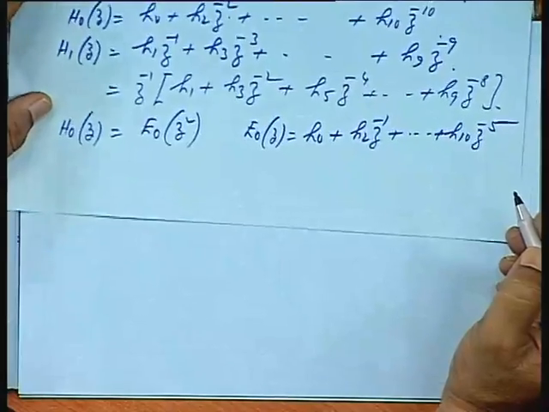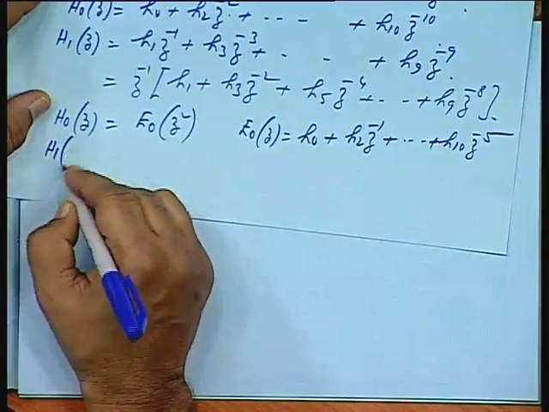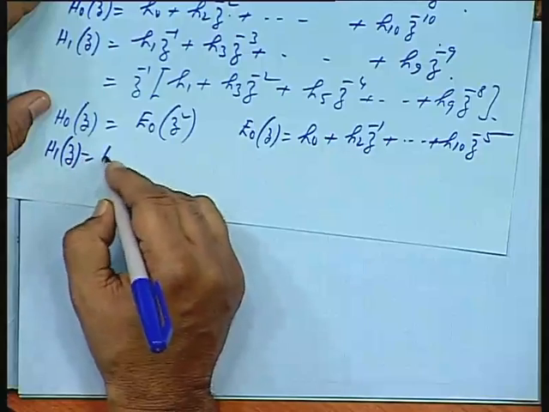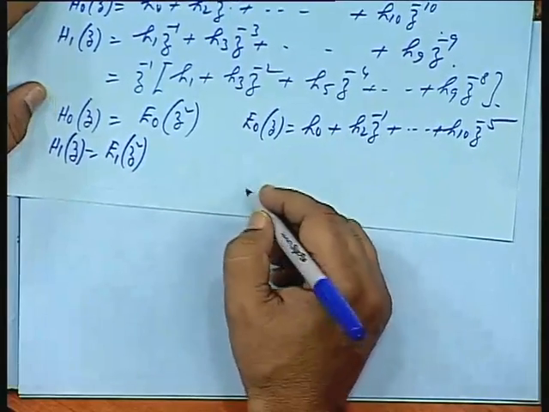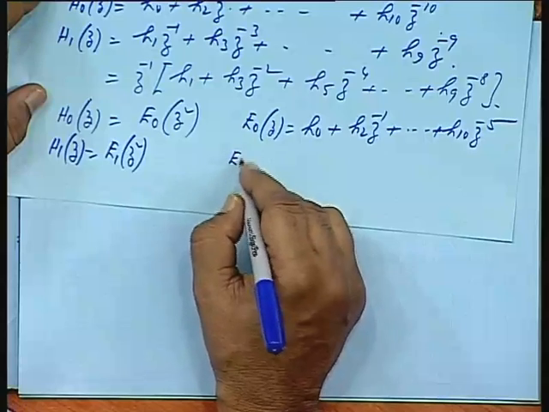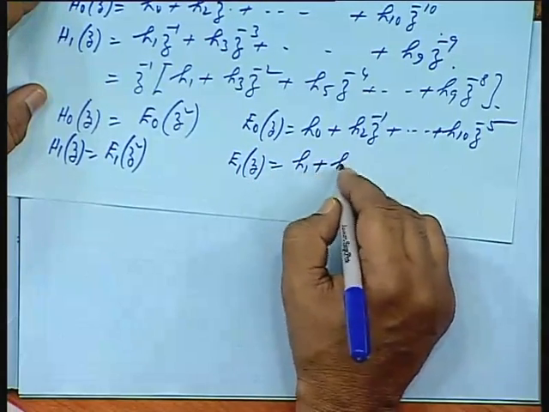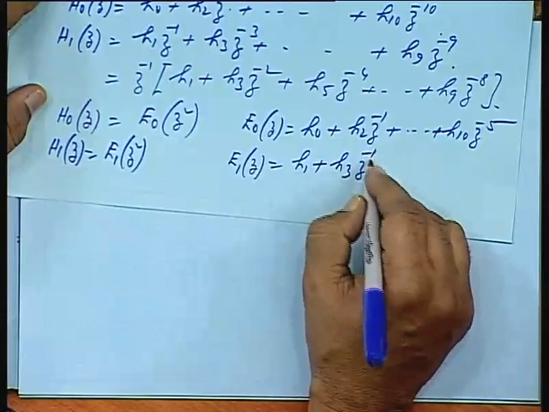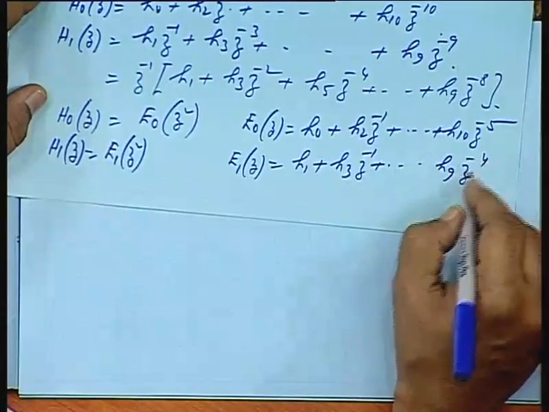Okay. Similarly, H1(z) can be written as E1(z squared), all right, where E1(z) is H1 plus H3 z inverse and so on, H9 z to the power minus 4.